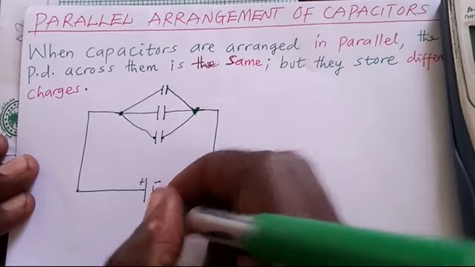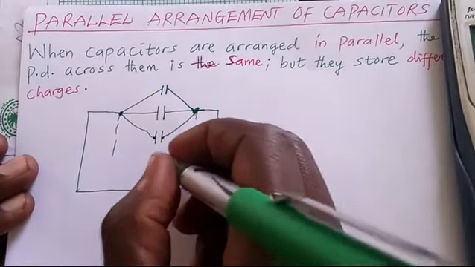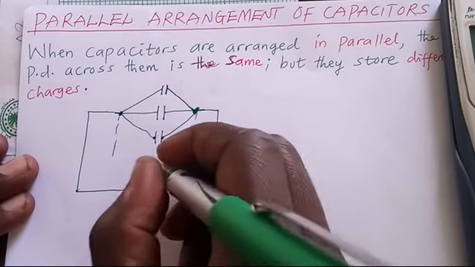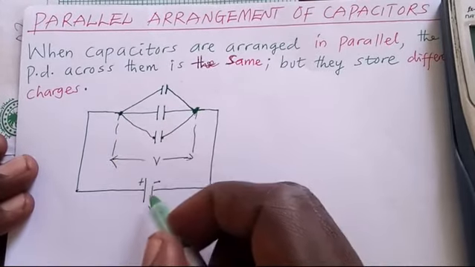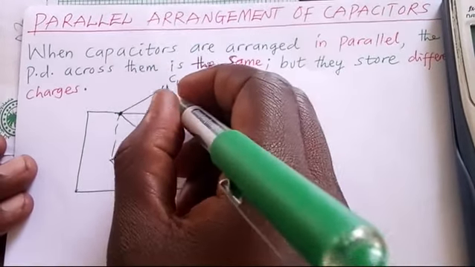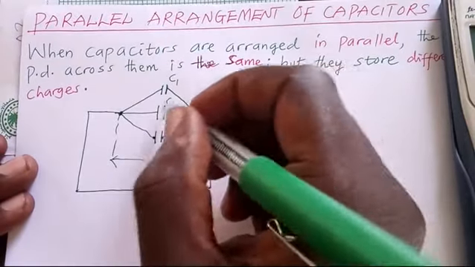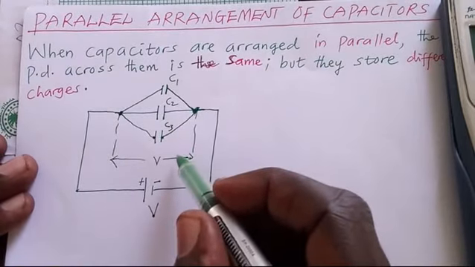This voltage will be the same across the three capacitors. The PD across them is the same and is the voltage of the battery. Now if I call this one C1, this one C2, and this one C3, then as we said, the PD across them is the same.